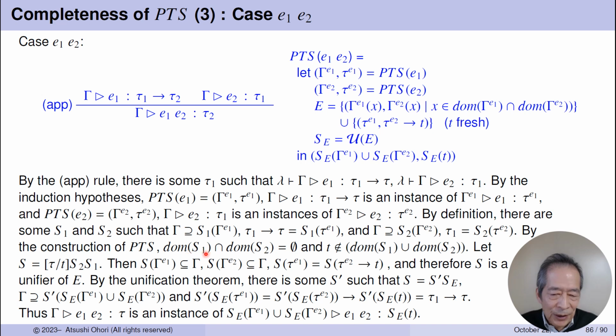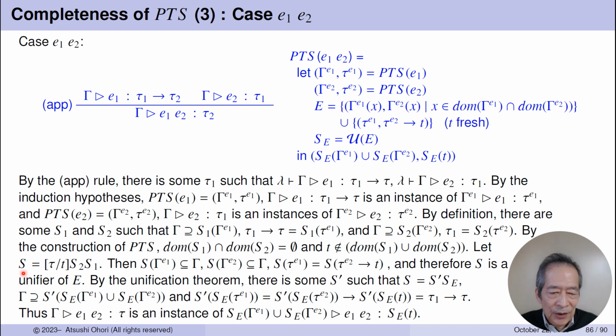So we can assume that the domain of S1 and the domain of S2 are disjoint, and also that this T introduced by this branch is not in either the domain of S1 or the domain of S2. We can also assume this property.